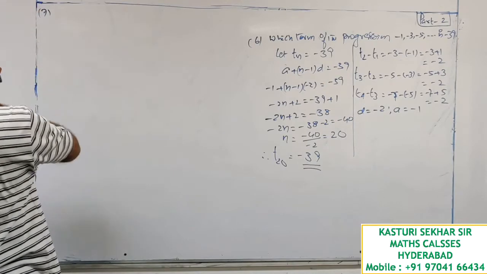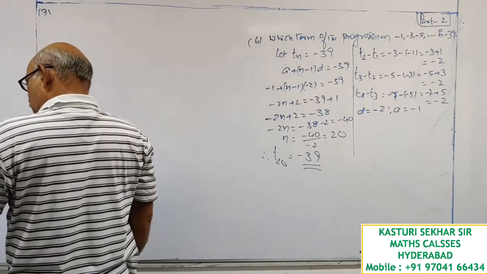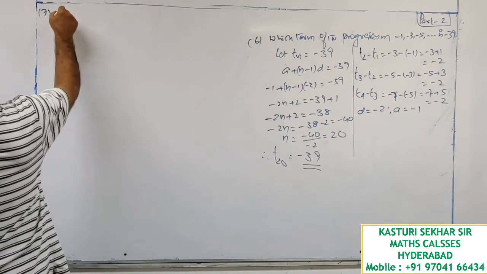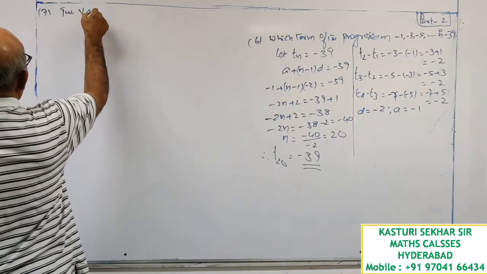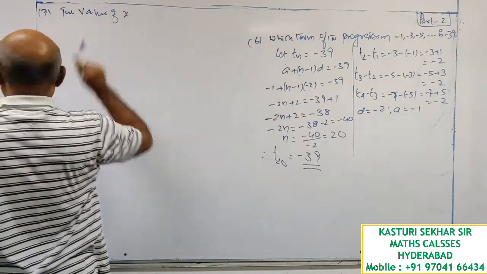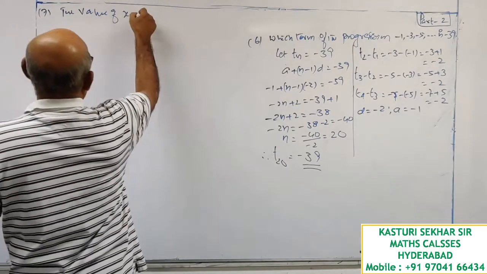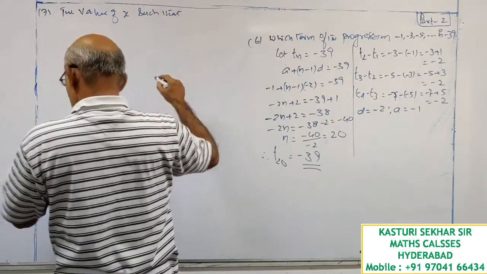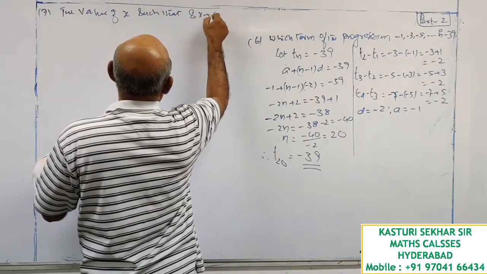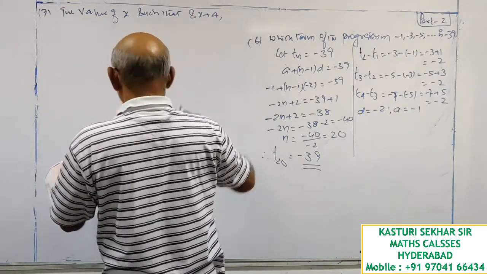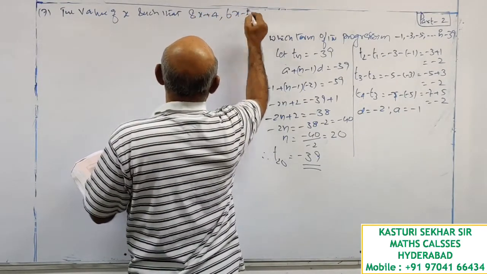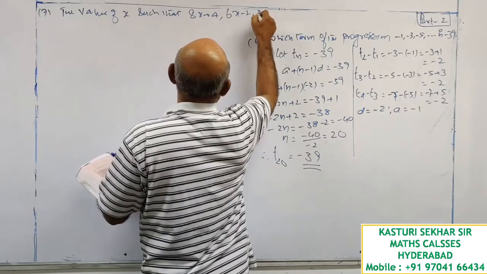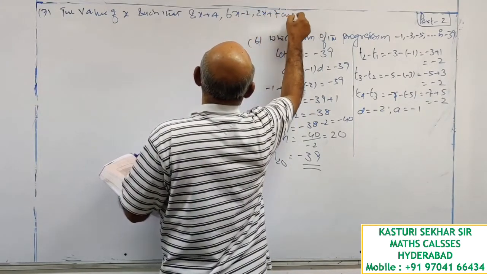Look at the question number 7. The value of x such that 8x plus 4, comma 6x minus 2, comma 2x plus 7 are in AP.